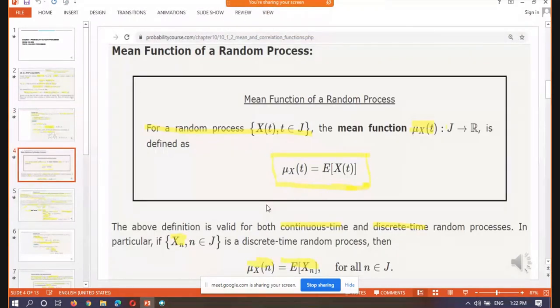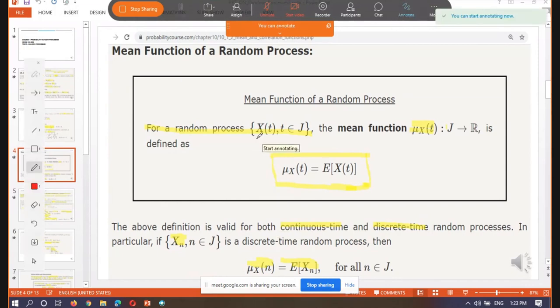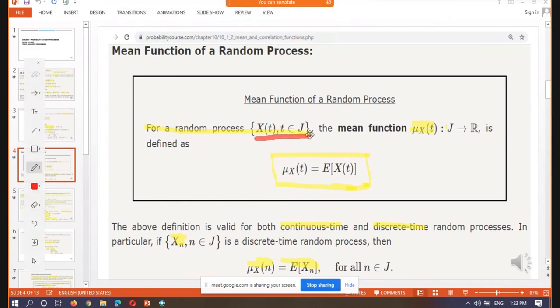Now, once we define this joint density and distribution function, we are in a position to calculate the mean. The mean of a random process is defined as follows: for a random process Xt, t belongs to J, and we define this for both discrete and continuous; the same definition works.